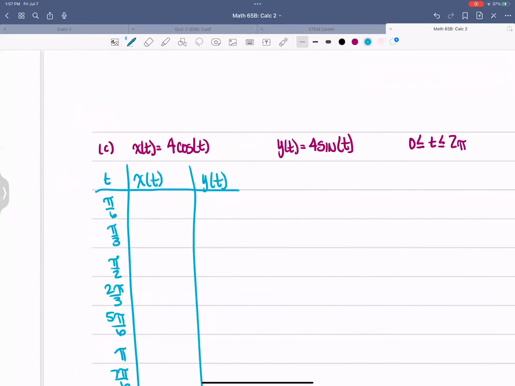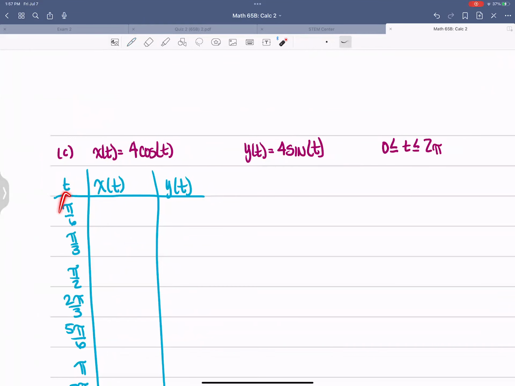All right, so when we plug in pi over 6, we have 4 cosine of pi over 6. Let's get our little unit circle up here.